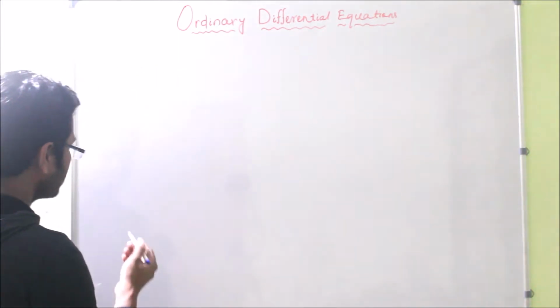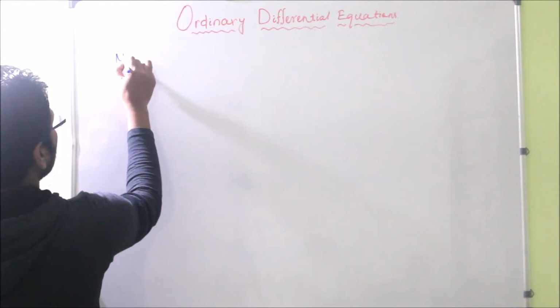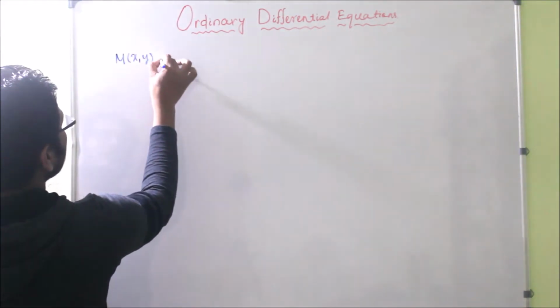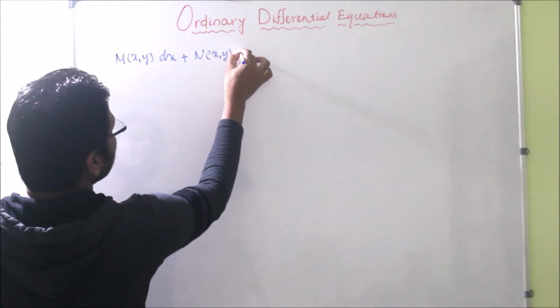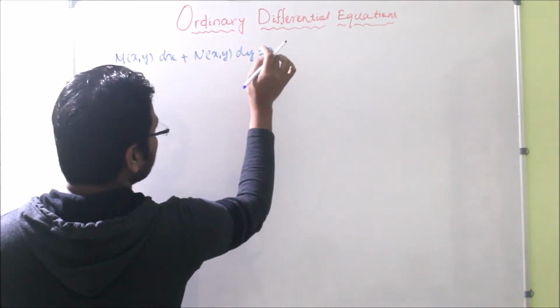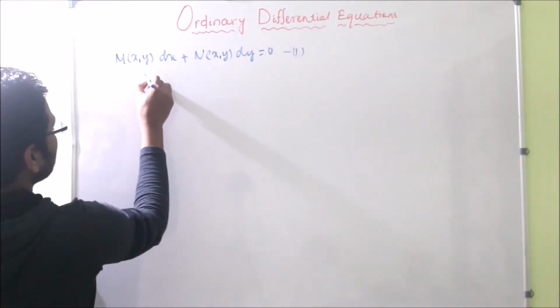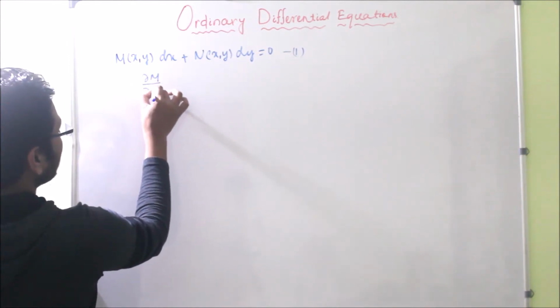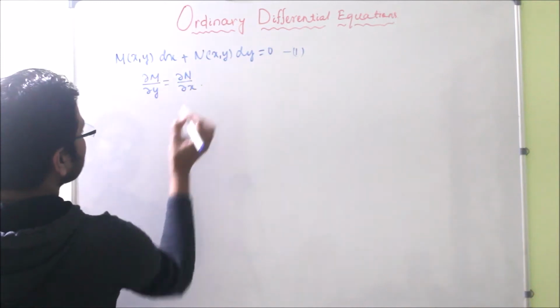So first we have to see that the differential equation of the type M(x,y) dx plus N(x,y) dy equal to 0 is said to be exact if del M by del y equal to del N by del x.